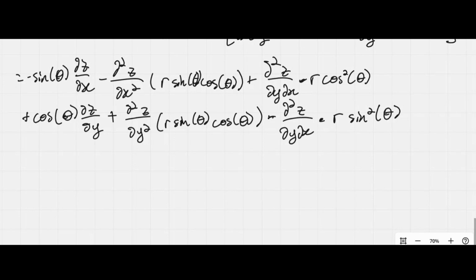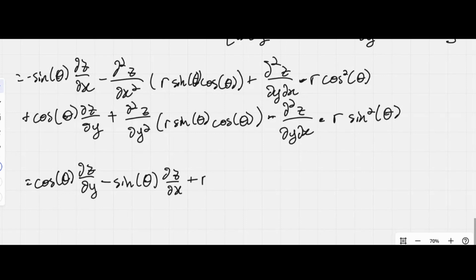And so what that's going to look like in the end is cosine theta del z del y minus sine theta del z del x, plus, I'm going to use plus over here, r sine theta cosine theta multiplied by the second order partial of z with respect to y squared minus the second order partial of z with respect to x squared.